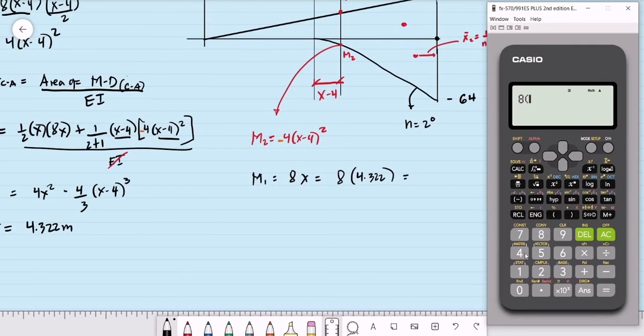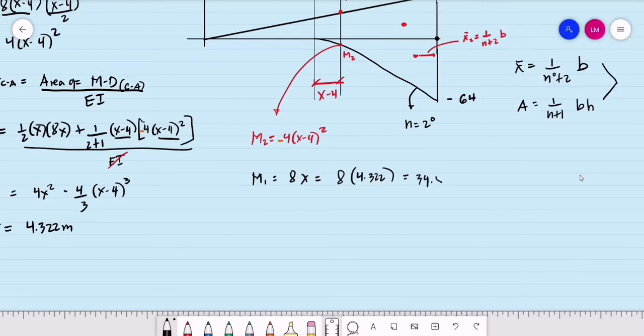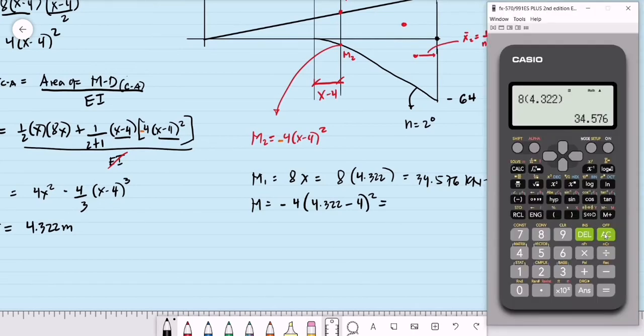So we have 8 times 4.322, which is 34.576 kilonewton meter. Then we have moment number 2, supposedly this is negative 4 multiplied by (4.322 minus 4) squared. So we have a negative 4 multiplied by (4.322 minus 4) squared.